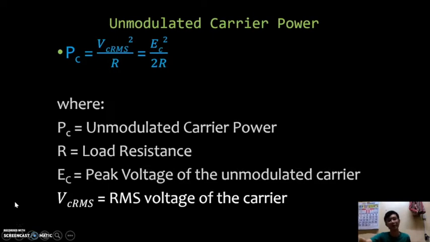R is the load resistance, expressed in ohms, E sub C is the peak voltage of the unmodulated carrier in volts, and V sub C RMS is the RMS voltage of the carrier, also in volts.